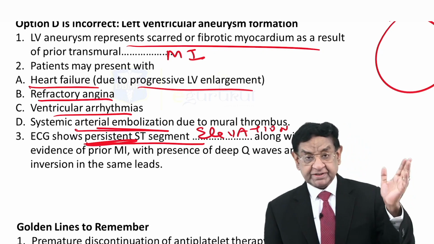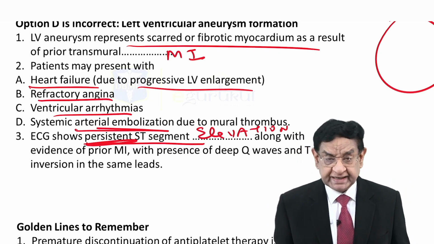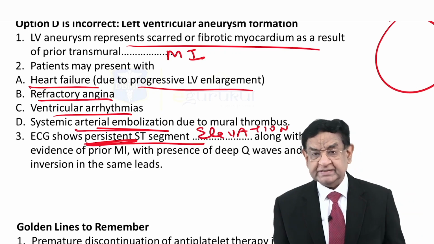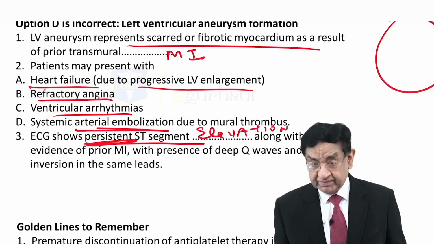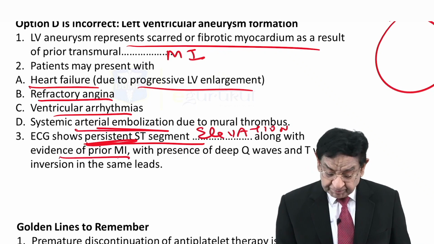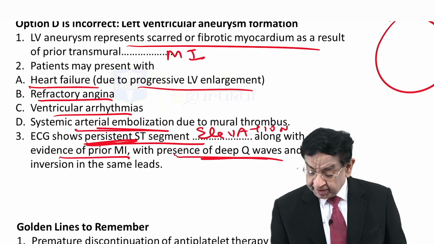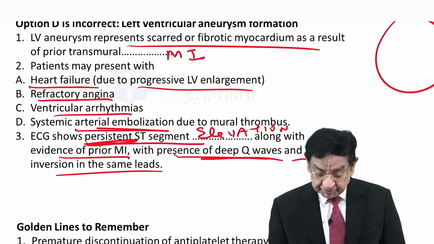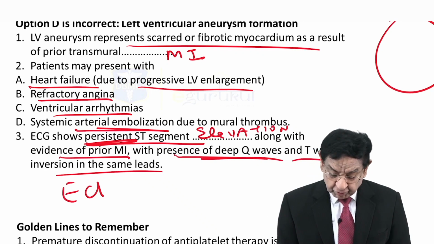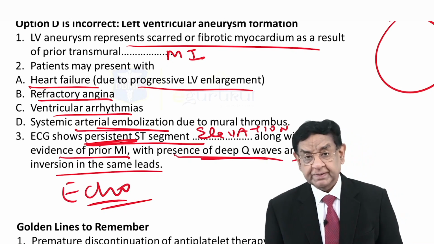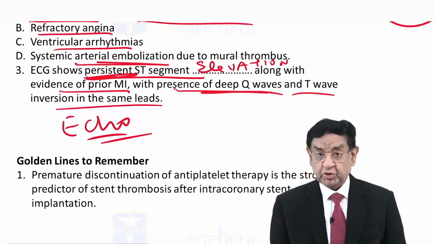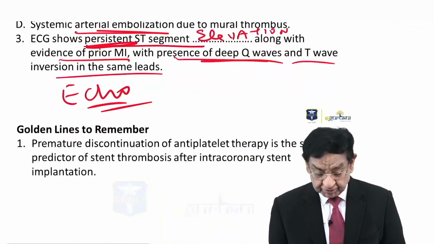If you have taken the last 10 days of ECG, whenever an aneurysm is there, the ST segment will be persistently elevated. There may be evidence of prior MI with the presence of deep Q wave and T wave inversion in the same leads. However, we can diagnose by echocardiography. And we should not forget the echo was normal at the time of discharge. So that possibility is again ruled out.